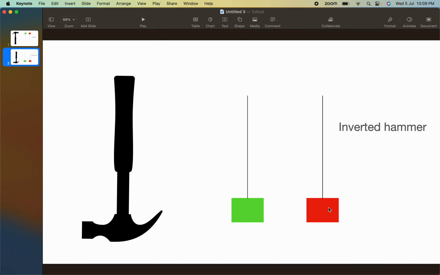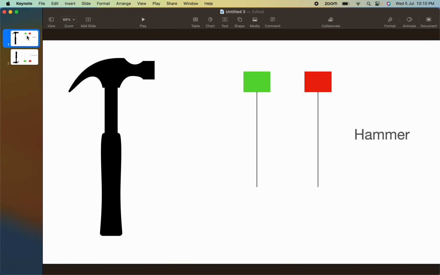Though the price opened over here and buyers initially took the price to the higher end, sellers took over and took the price down. So the closing was dominated by the sellers, and this long upper wick represents the selling pressure, and thus the sentiment behind the inverted hammer is supposed to be bearish.